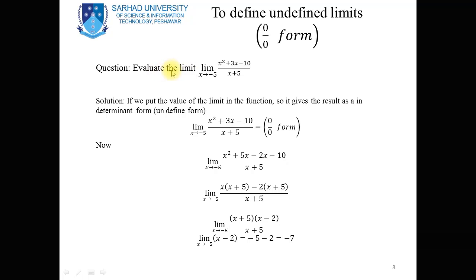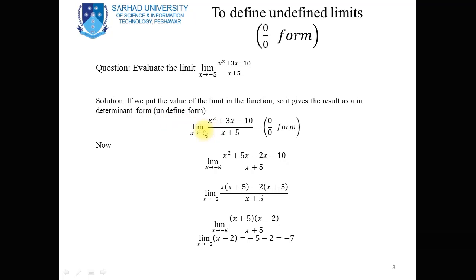For example, to evaluate the limit as x tends to minus 5 of the function (x square plus 3x minus 10) divided by (x plus 5). If we put the value of the limit in the function, it gives the result as an indeterminate form, meaning undefined form.